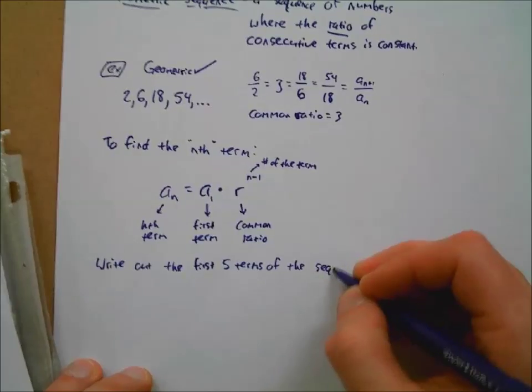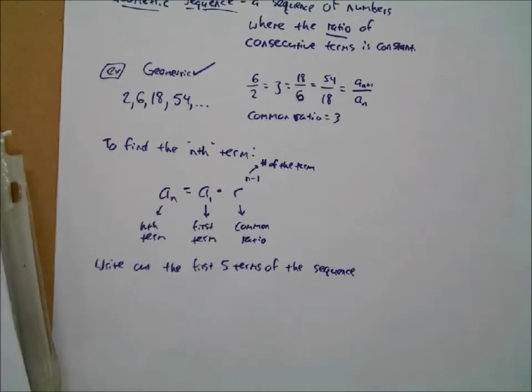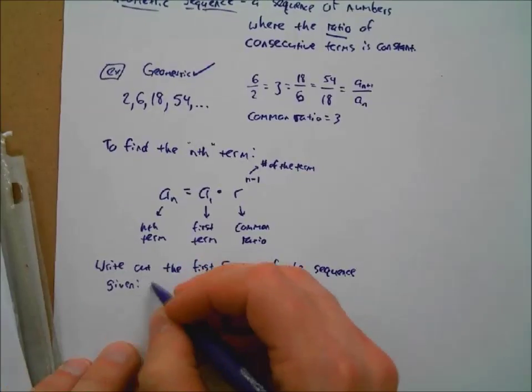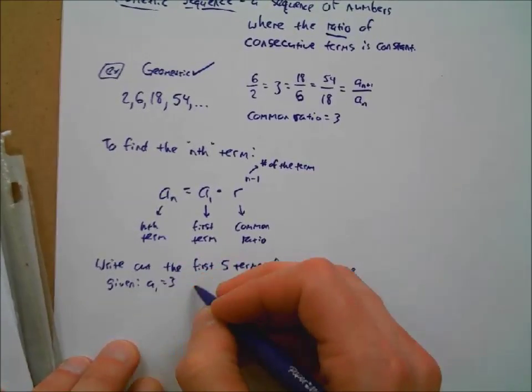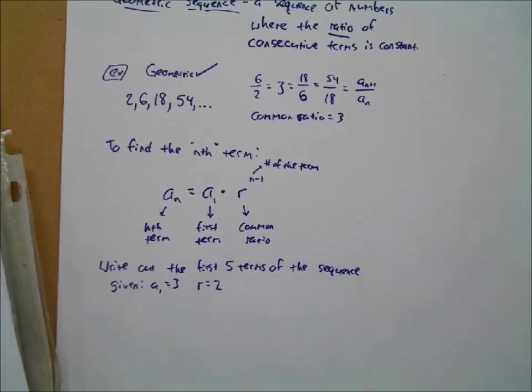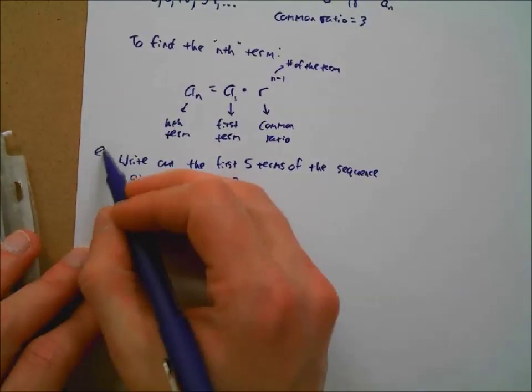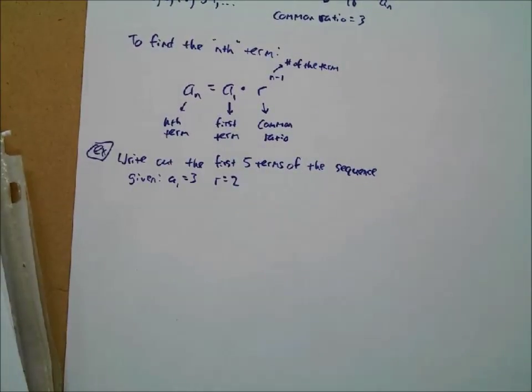So let's write out the first 5 terms of the sequence given a sub 1 is 3 and r equals 2. This is an example here. Okay.